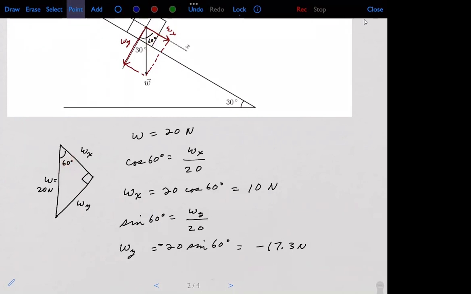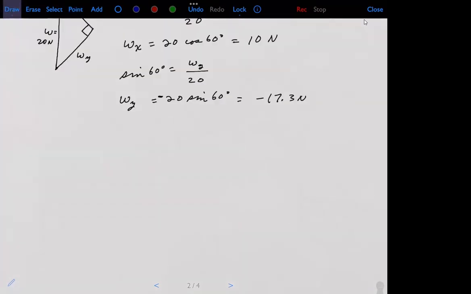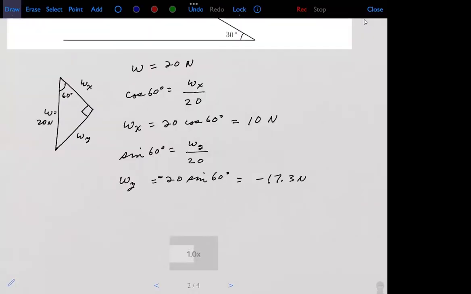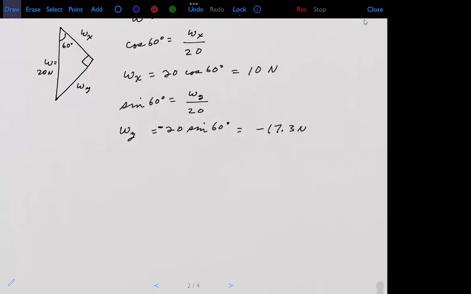The 60 degrees. If you really wanted to do it the other way, you could. So now you would extract this triangle out, where this is W, this is now WY, this is WX, this is 20.